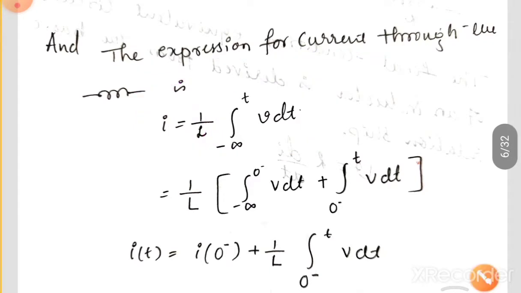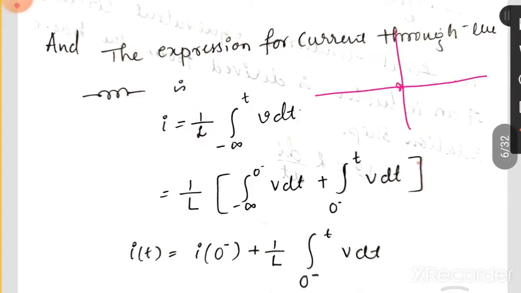Observe, this is a continuous signal, whose original reference is 0. This signal might be from minus infinity to plus infinity, but what we are going to take is from minus infinity to a certain time t, that is, minus infinity to t of V dt.